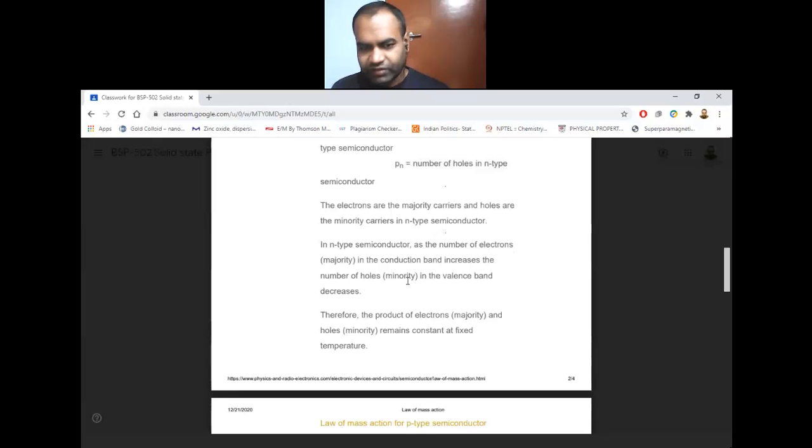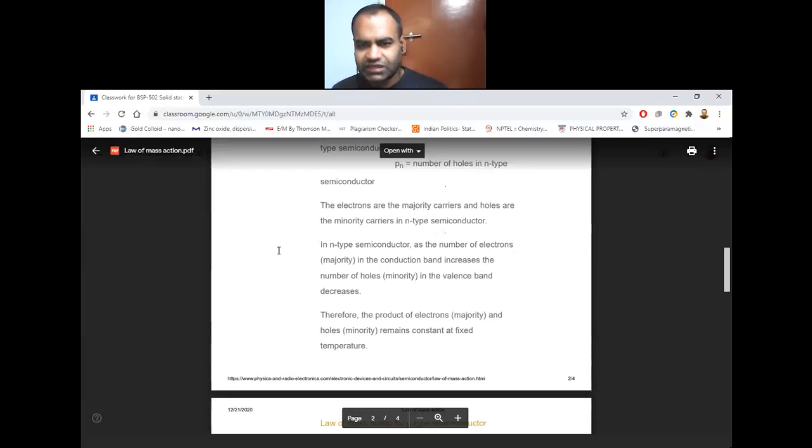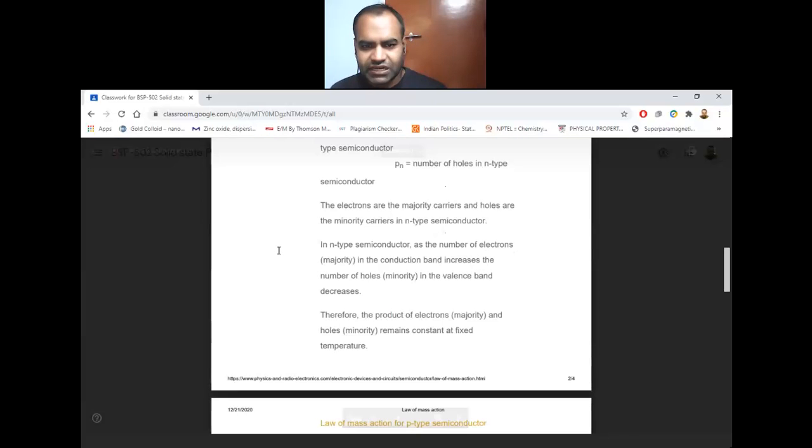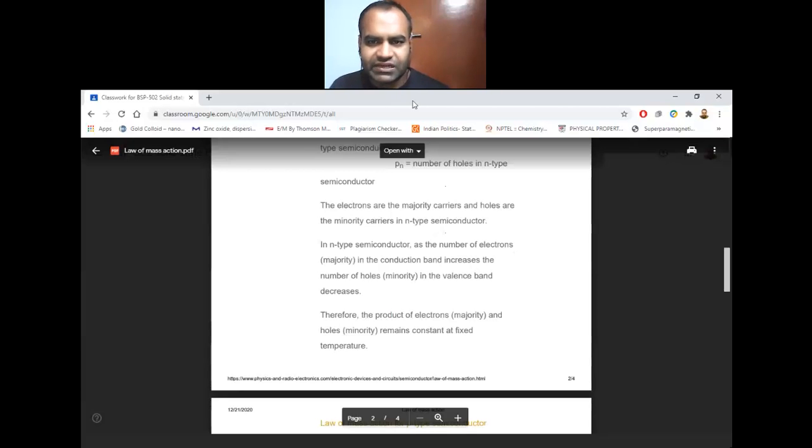Since in n-type semiconductors electrons are majority carriers and holes are the minority carriers, therefore electrons are always there in the conduction band. Therefore in n-type semiconductors there will be more electrons in the conduction band and fewer holes in the valence band. That is what you should remember.